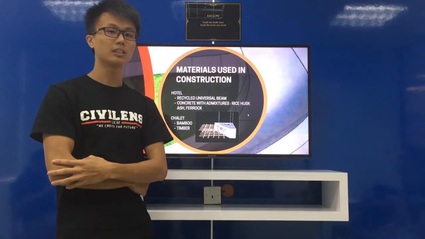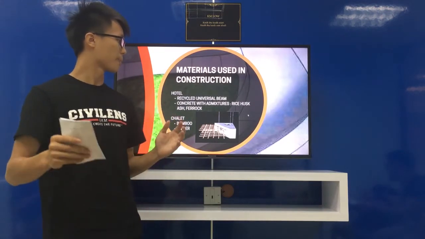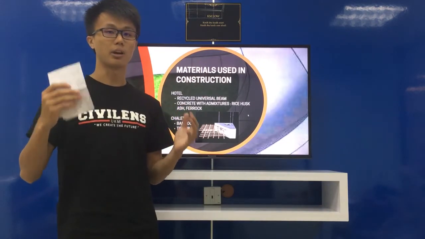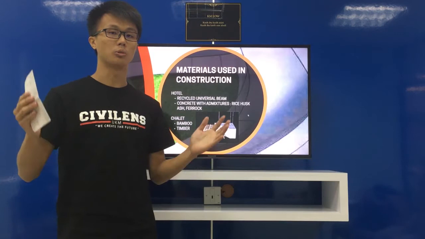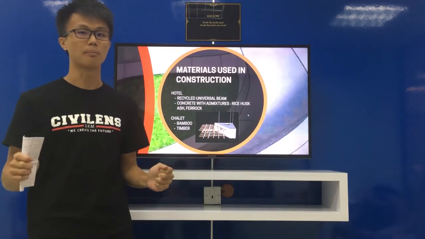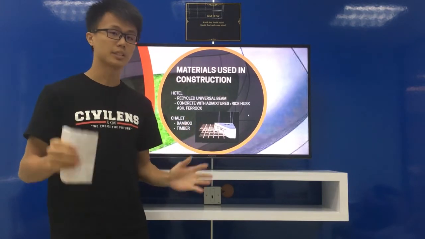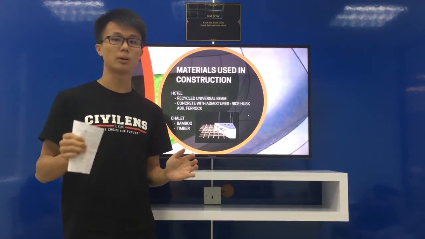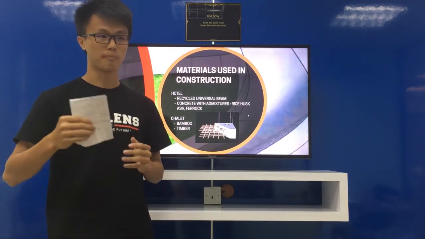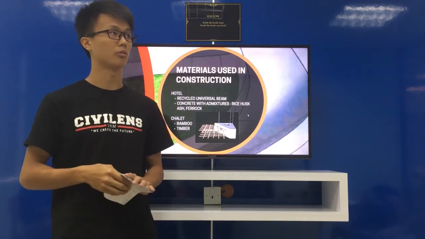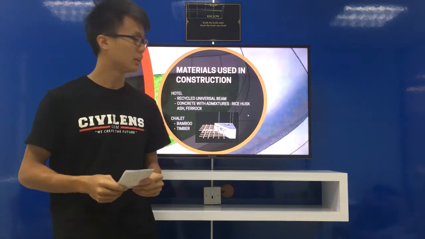For the environmental factor, remodification of a used universal beam contributes only a very small environmental effect as compared to making a new universal beam. And for your information, the pricing of recycled universal beam is just about $220, but the pricing of a new universal beam is about $450.